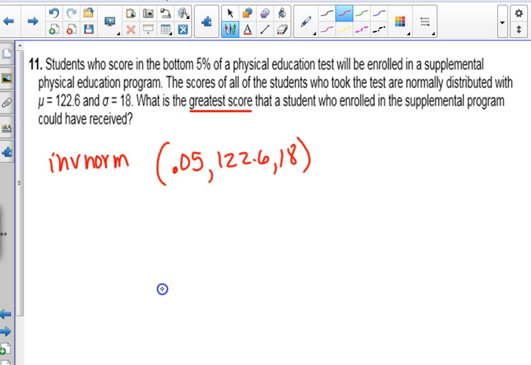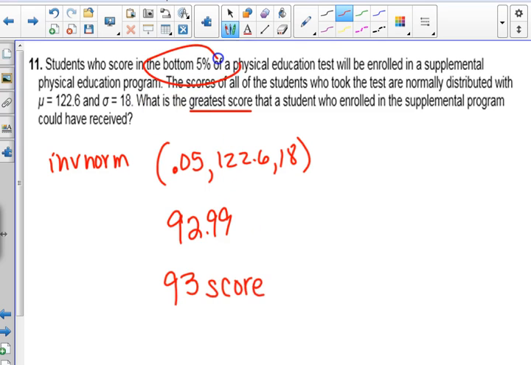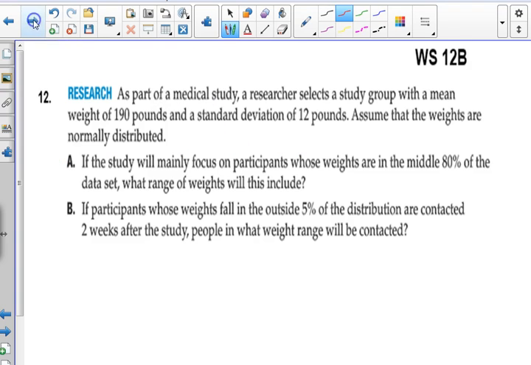We got one more question that deals with SAT. 92? Okay, so what is the greatest score? If you got a score of 93 on this physical fitness test, you're still in the bottom 5%. So you would have to take this supplemental program, okay? For the out of shape people like me.